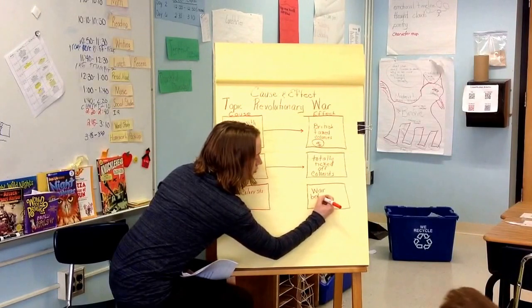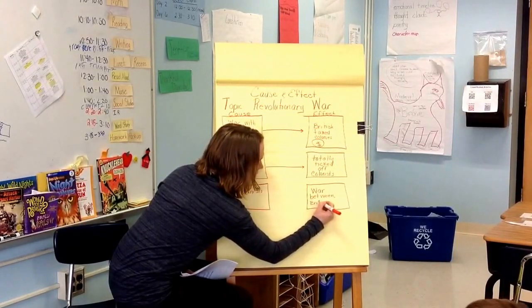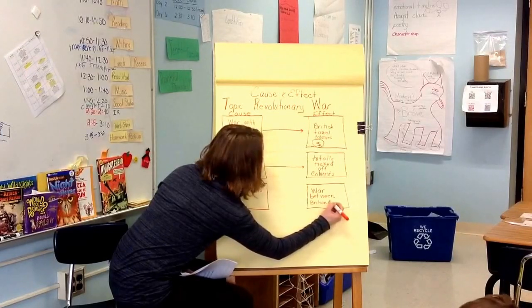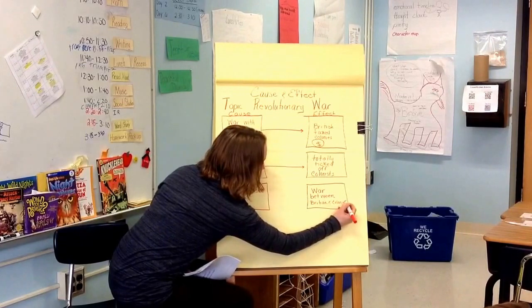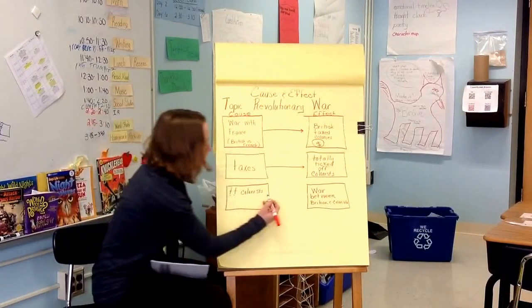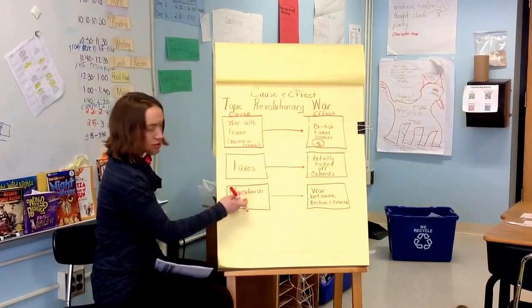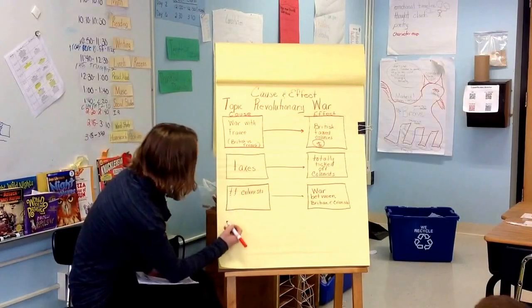War between Britain and the colonists. The colonists are British, but as Zach pointed out, they were wanting to get out of that. Cause, ticked off colonists, effect, there's a war.